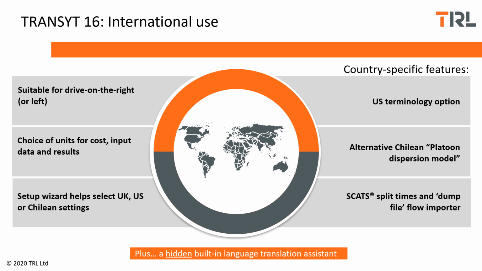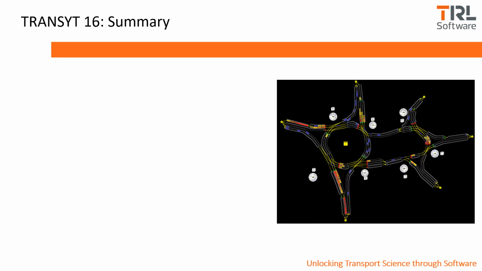That comes straight back to a server at TRL, and we can incorporate that into a specific hardwired language translation of that product. So it's a very good system for setting up languages. We have done some translations in previous versions, but we don't have one for TRANSYT 16 at the moment. But do come and speak to us if you're interested in translation into another language.